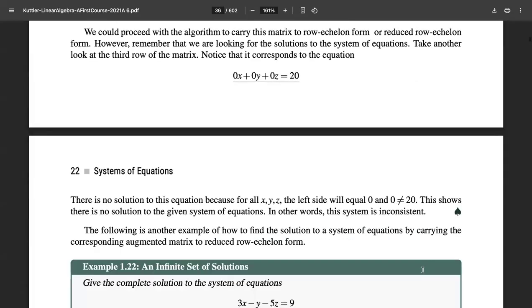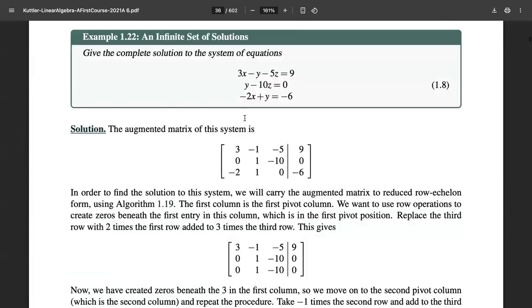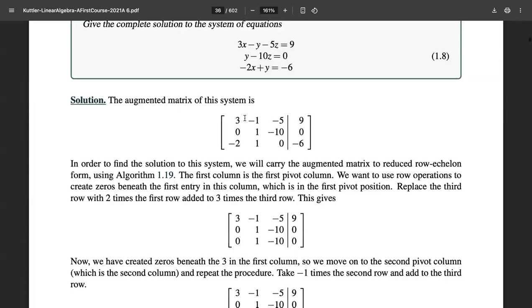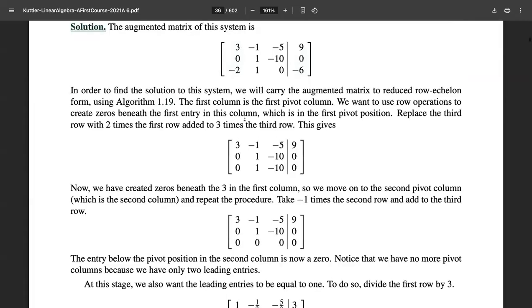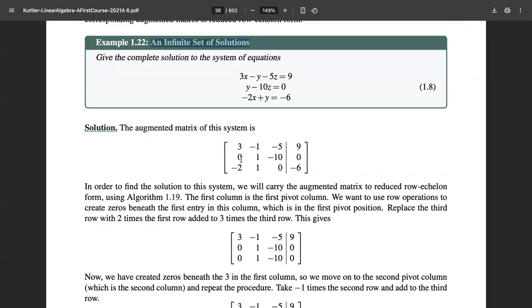So this example right here is an example where we have an infinite set of solutions. I'm going to skip the part where they are applying the row operations to get the reduced row echelon form, because we have gone through the elementary row operations a lot of times, and the algorithm is just a systematic way.